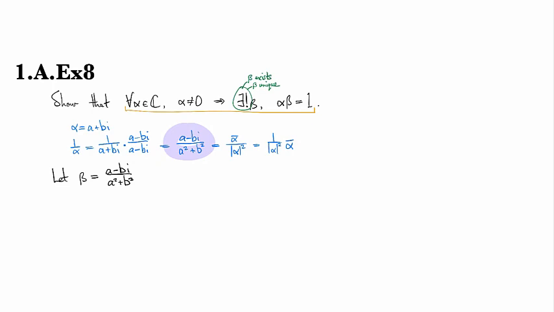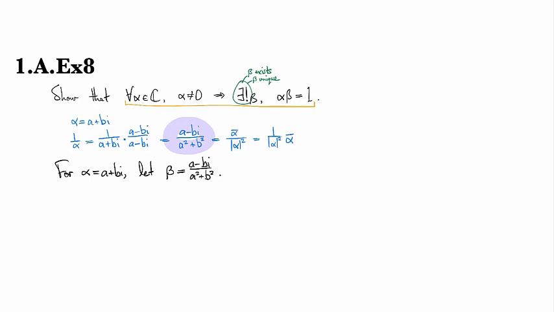I forgot to introduce alpha. I should have said for alpha equal to a plus bi, let beta equal a minus bi over a squared plus b squared. There we go. Okay, that's just because the blue stuff is supposed to be my thoughts and the black stuff is supposed to be the proof as I would write it up for a homework assignment.